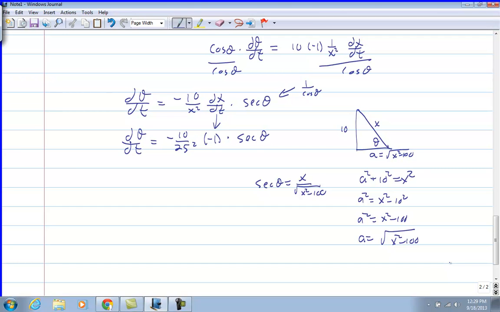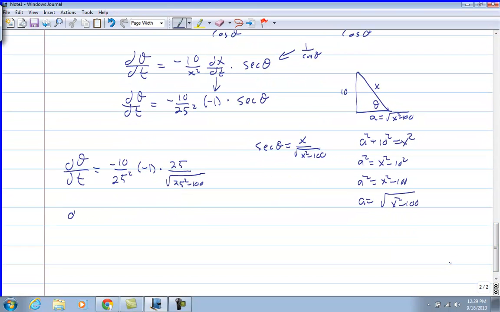So d theta dt is negative 10 over 25 squared times negative 1 times x, which is 25, over the square root of 25 squared minus 100. So d theta dt is going to be negative 10 over 625.